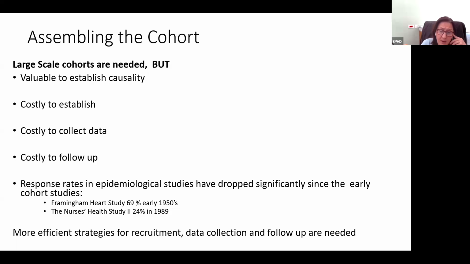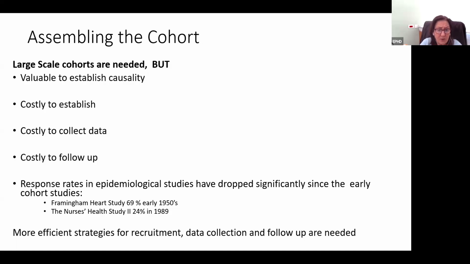So how do we start a cohort? Now we're going into the design. So the most important thing is what? Assemble the cohort. So get the cohort, establish the cohort. The cohort at the baseline is like a cross-sectional study. So I want to get people in, all right?